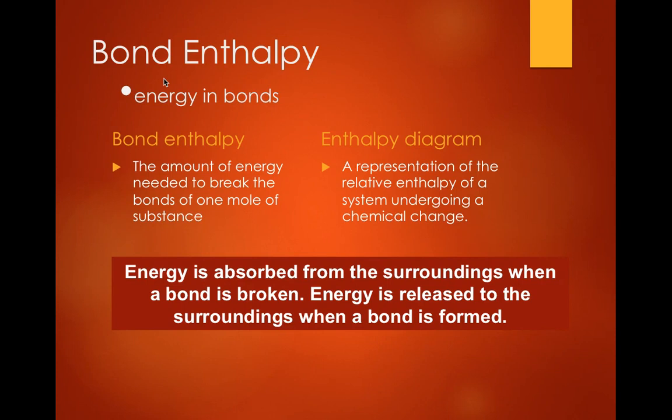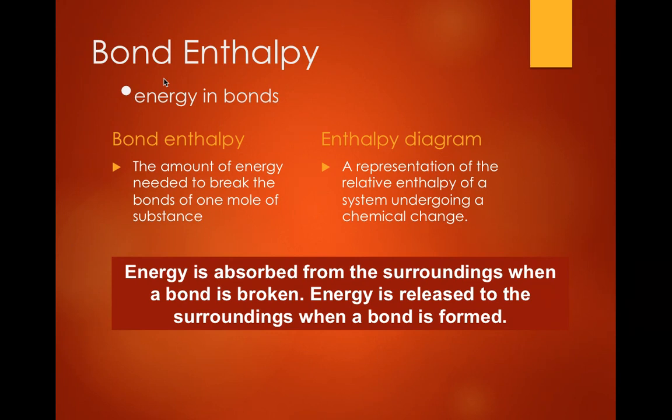Okay, so bond enthalpy. I want to remind you that bond formation is always exothermic, and bond breaking is always endothermic, regardless of the value of delta H. Every enthalpy diagram for a reaction starts by adding energy to break bonds and then ends with releasing energy by forming new bonds.